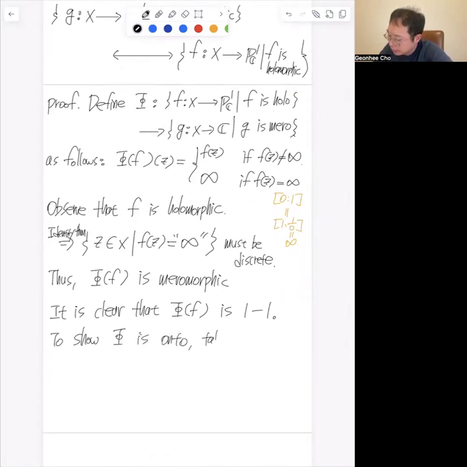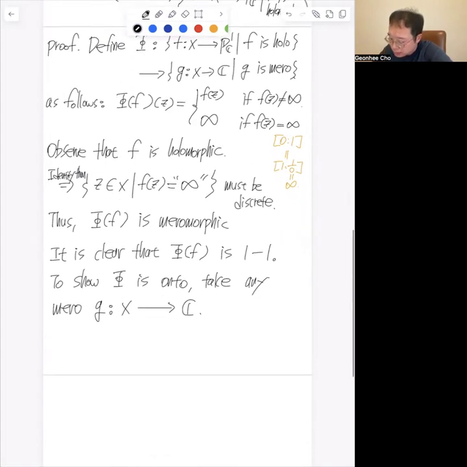Let us take any meromorphic function g from X to C. Now we just need to associate a holomorphic function that maps to this one. Because this is a meromorphic function, we are able to consider a set of poles of g such that if we restrict to the domain outside of this set, then this map becomes holomorphic.